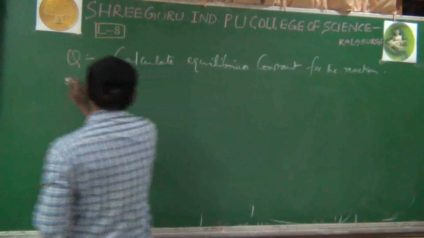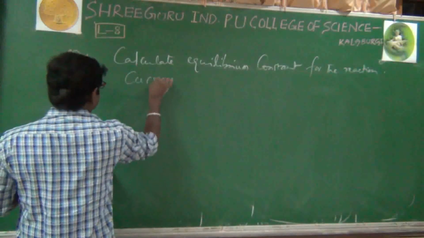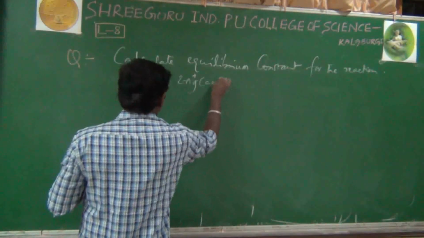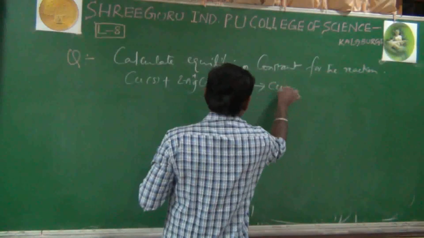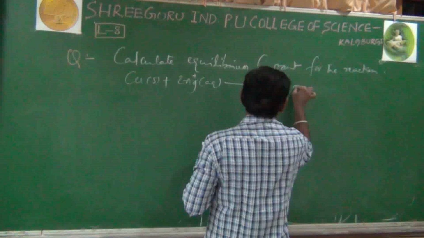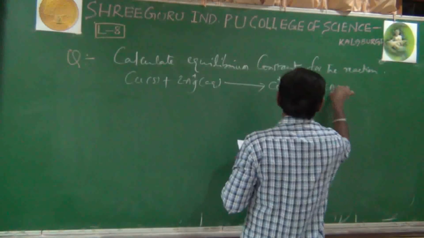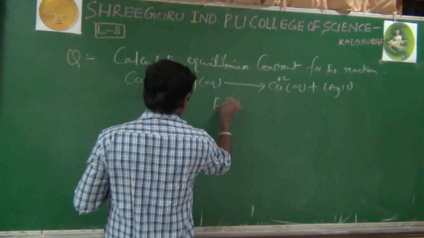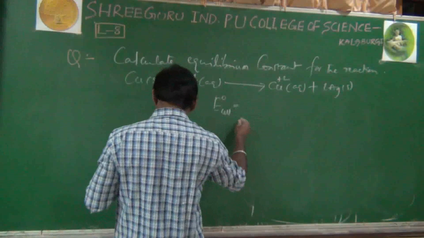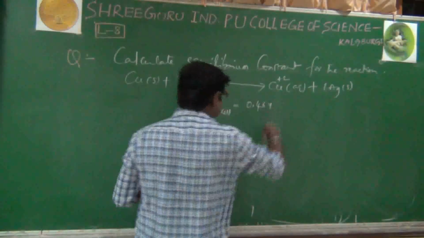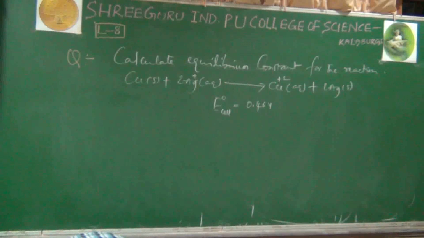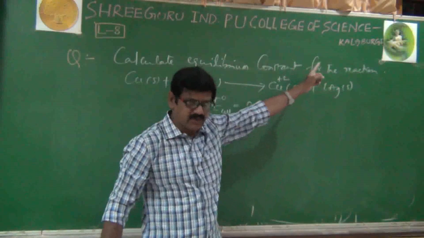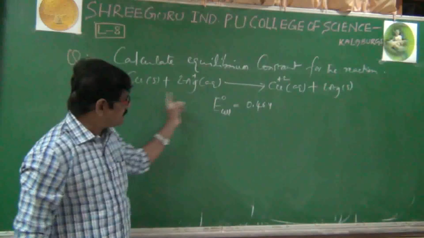Some reaction he has given, that is Cu plus 2Ag+ gives Cu2+ plus 2Ag, and here one more value he has given, E naught cell is equal to 0.46 volts, that's all. This is the question. Calculate again the equilibrium constant, K value only is asked.